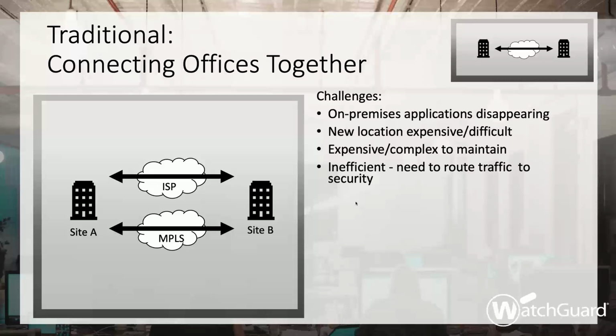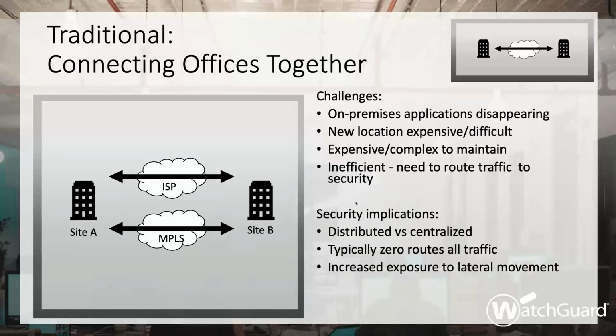You hear me say this a lot: I'm routing my traffic to the security instead of bringing the security to where the traffic is already flowing. A lot of times you're going to have a centralized security approach, and I'm routing my traffic to make sure that I can apply my security services before it travels to the other site.